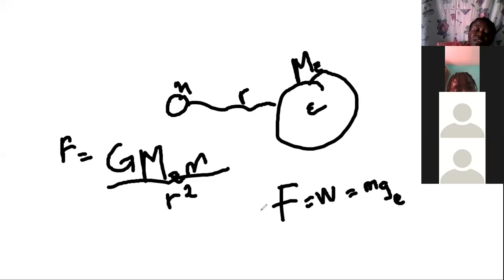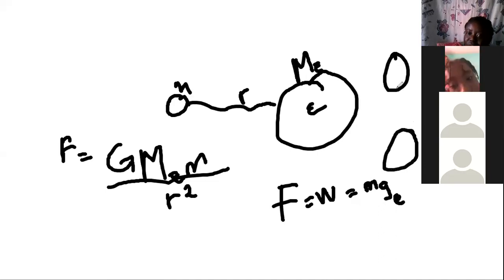Then we see that the force as it's falling, if this is an object and this is the Earth, as the object falls towards the Earth, we have the weight of that object, and the force between the two, which is given by the pulling force.